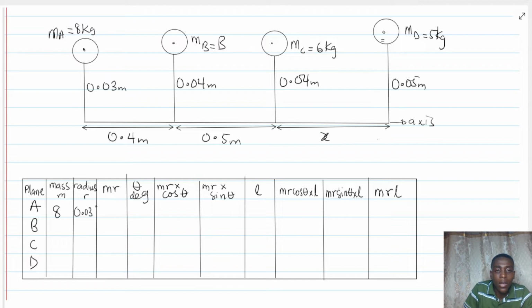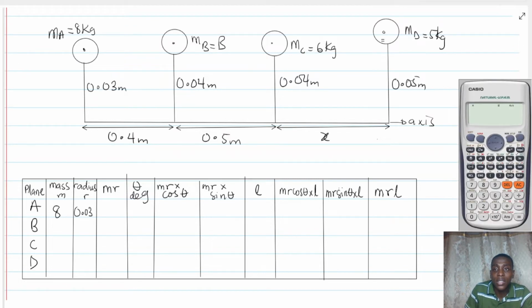Okay, so MR is going to be the product of 8 and 0.03. Let's pick our calculators and find the value of 8 times 0.03. So I'm going to get 0.24. And this degree here means the angle we are looking at.